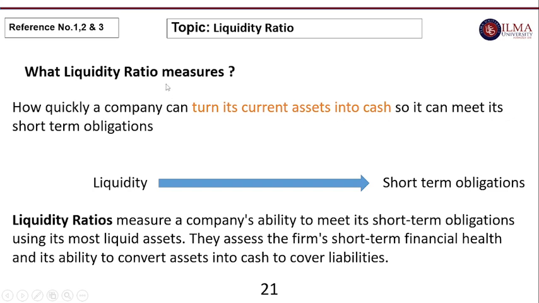So liquidity ratio is about short term obligations, financial health and the ability to convert assets into cash to meet short term obligations. If there is any need of cash, these current assets can be converted into cash for any short term usage.